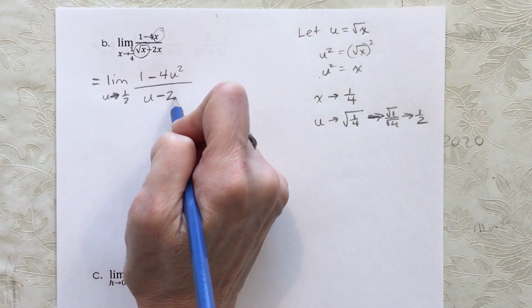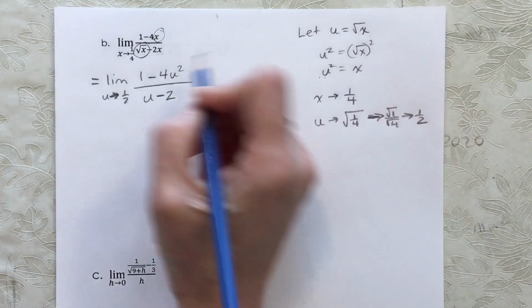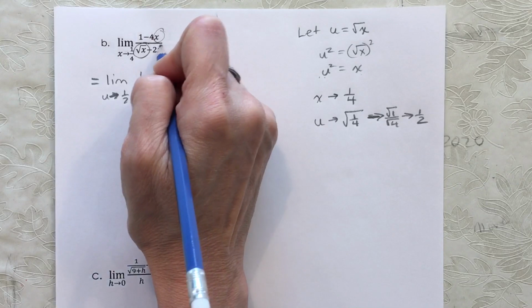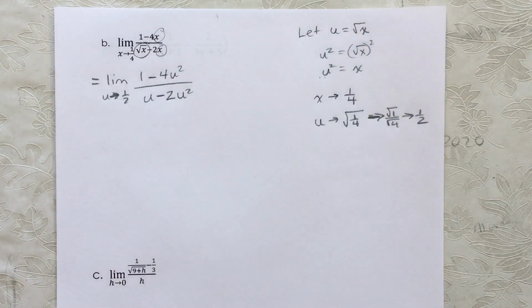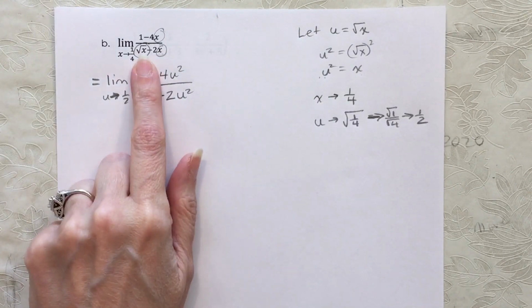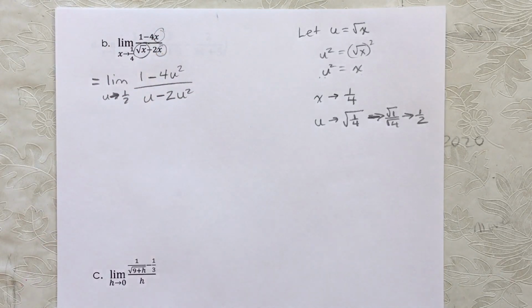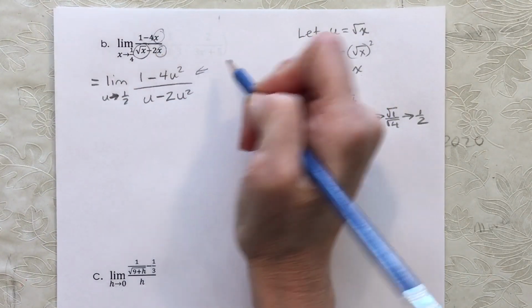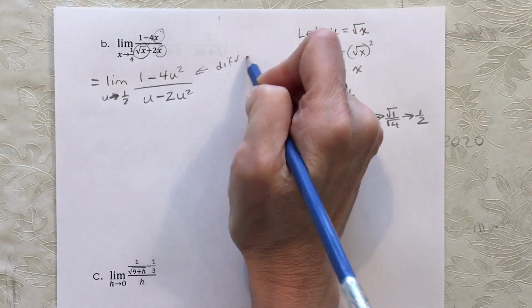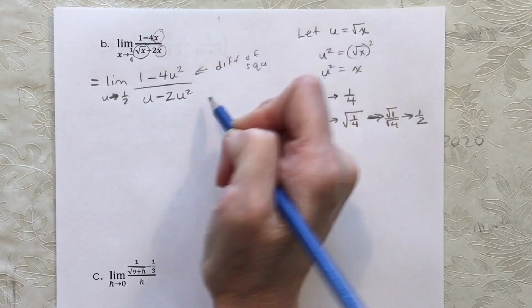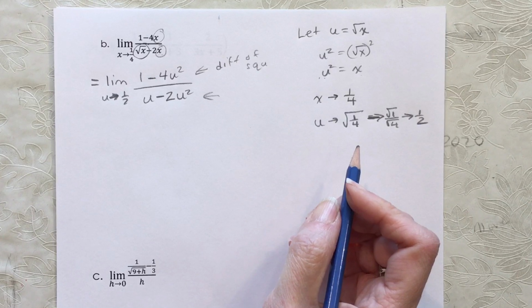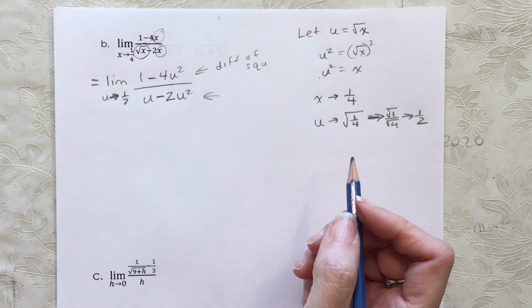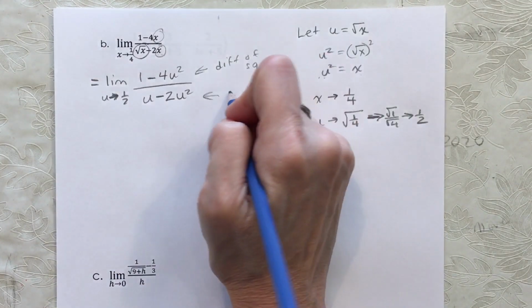What did x end up being? U squared. So now the whole limit's been changed over from being in terms of x to being in terms of u. The top here looks like a difference of squares. And the bottom may confuse you for a minute, but there's a common factor of u.